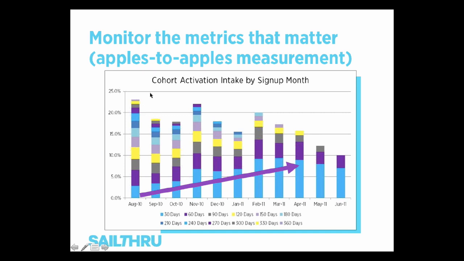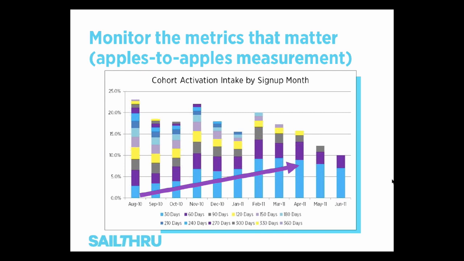Inherently, it would not be fair to compare the activation rate for people who subscribed in August 2010, the 23%, to people who subscribed in June 2011, or the 10%. The reason is that the people who subscribed in August 2010 have had substantially more time to be indoctrinated by the brand through the various marketing messages you're putting in front of them, the various sales, new inventory that's come through, and so forth.